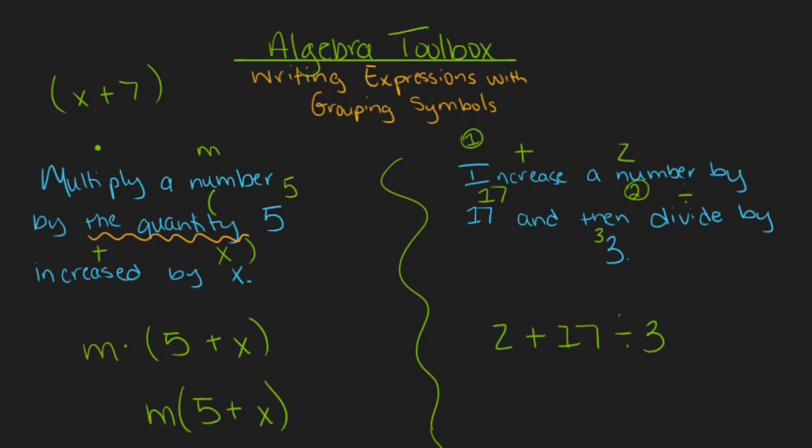Because the order that the problem calls for is different than the order that order of operations would provide, we have to include grouping symbols to change up that order. So I know that I want the addition to happen first. That means that I'll have to put z plus 17 in parentheses to guarantee that it happens first, and then we can divide by 3.